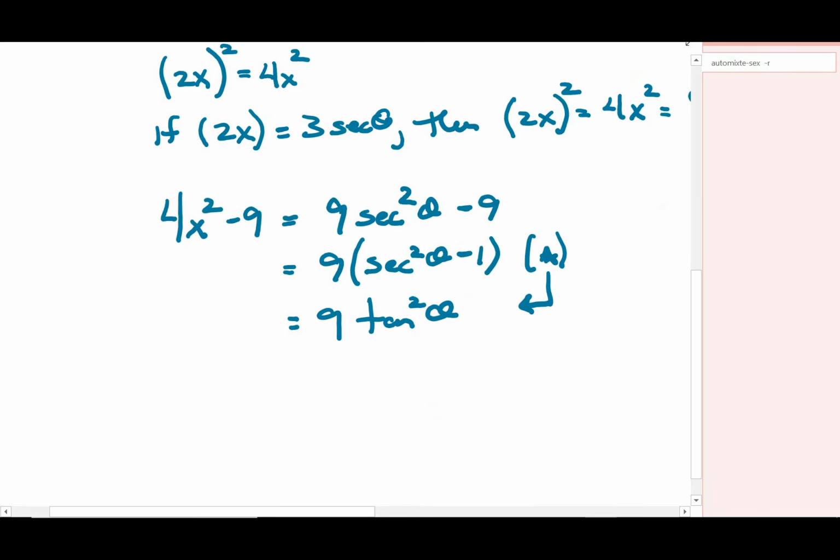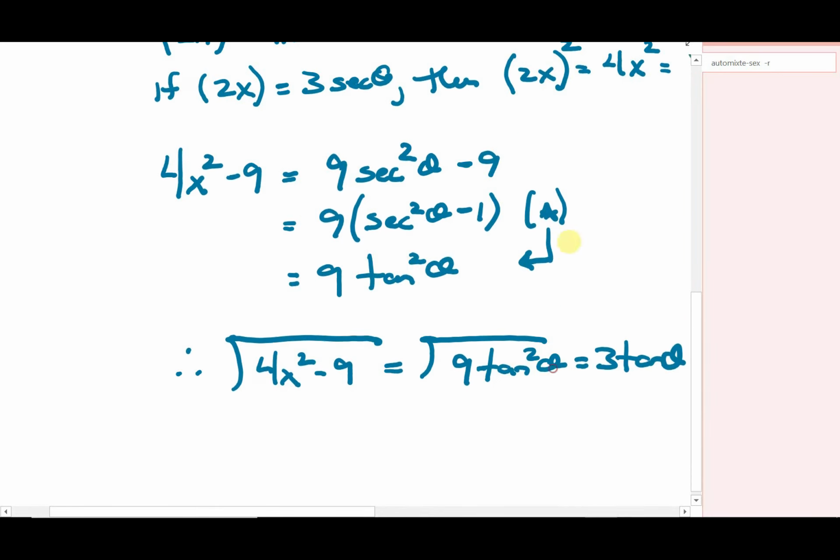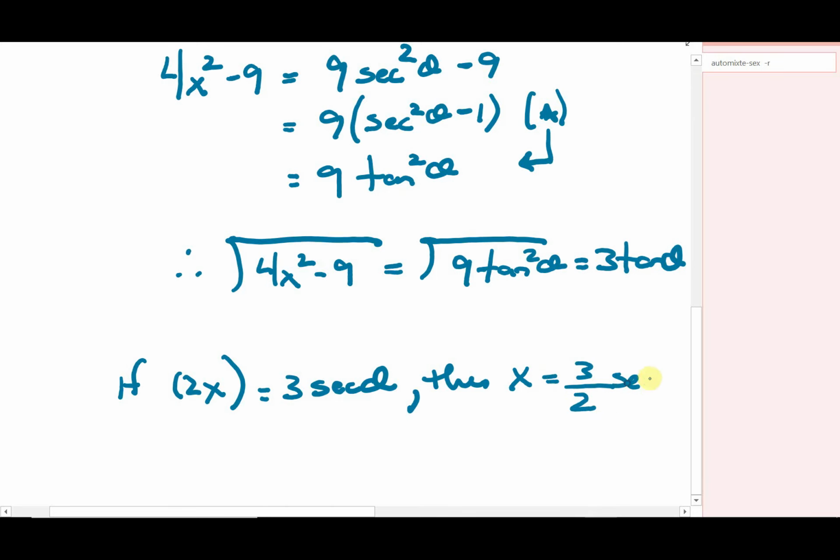So therefore, the square root of 4x squared minus 9 happens to be the square root of 9 tan squared theta, which is 3 tangent theta. But we also need to solve: if 2x equals 3 secant theta, then x equals 3 divided by 2 secant theta.